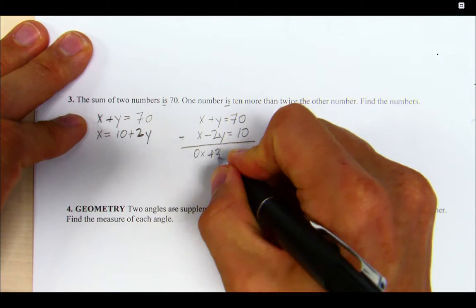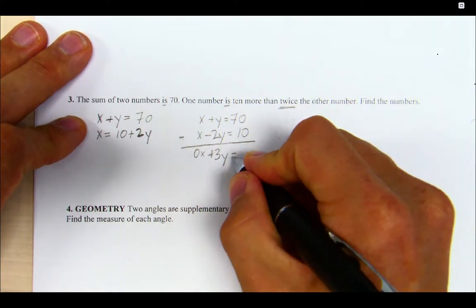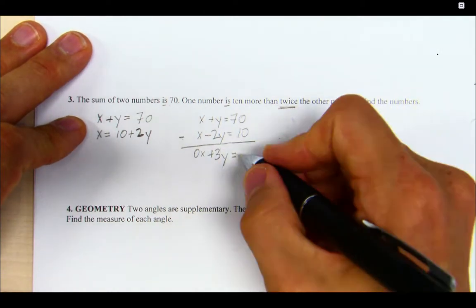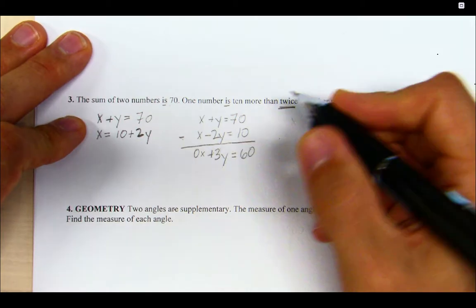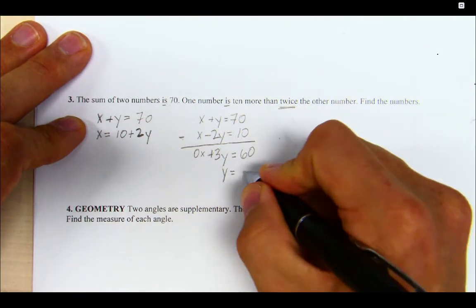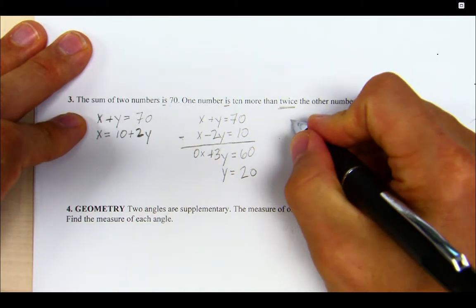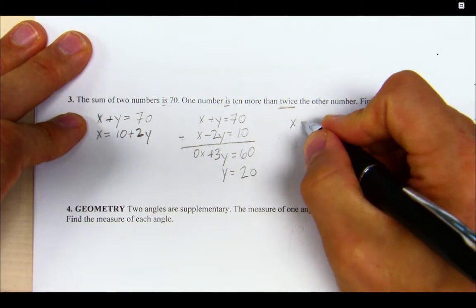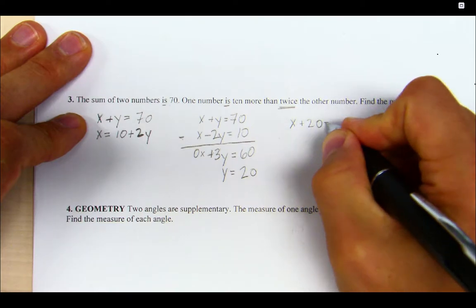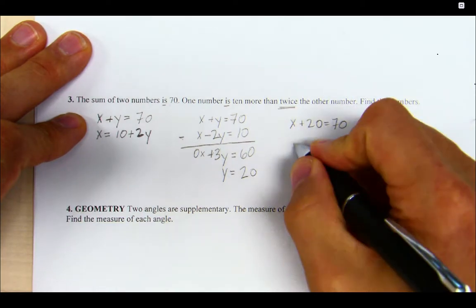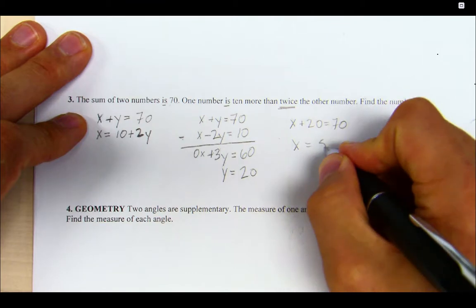There we go. Okay, and so that's all going to equal, looks like 60 when I subtract 10 from 70, so y is going to equal 20. So if y is 20, I go up into one of the other equations and say x plus 20 is equal to 70, so x must be 50.